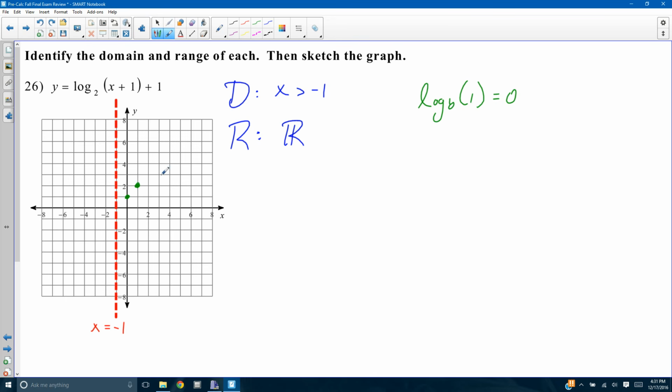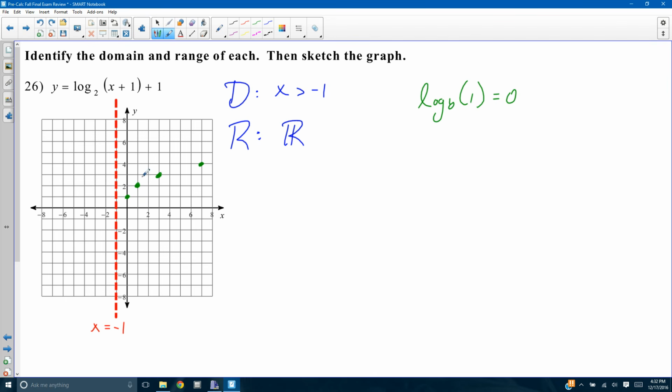You plug in, apparently, 3 for x, you'll get 3 for y. You plug in 7 for x, you'll get 4 for y, etc. So I'm kind of using y because y is the exponent, and that kind of helps me just say 2 to this power gives me this far out. And that's all I'm doing there.